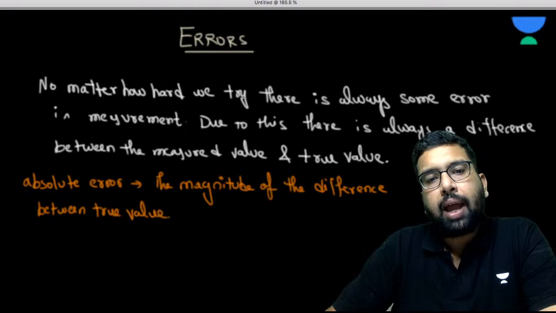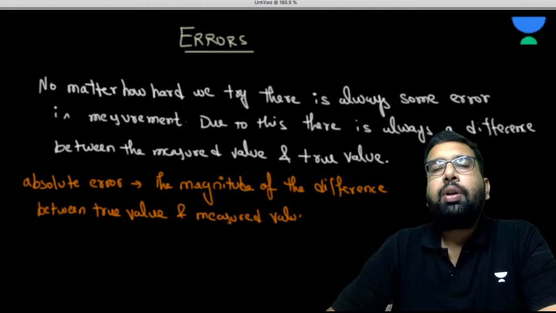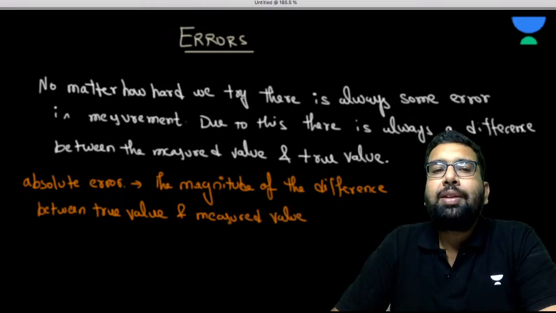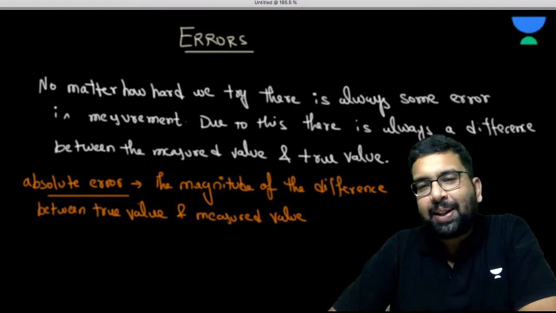The magnitude of the difference between the true value and measured value is what we call the absolute error.